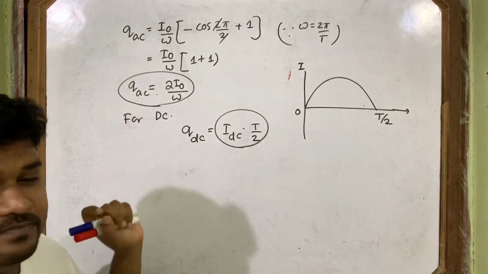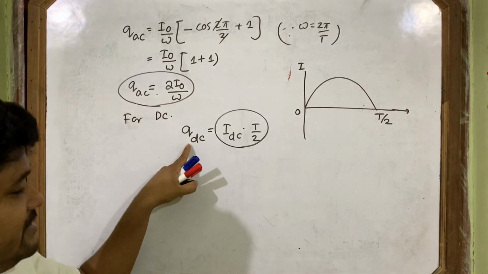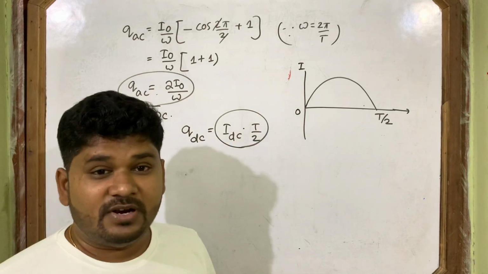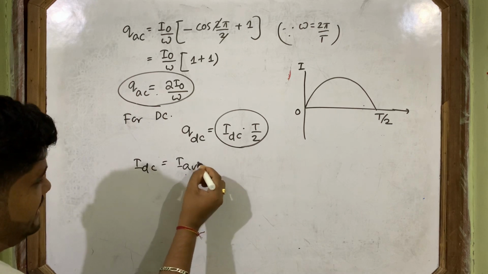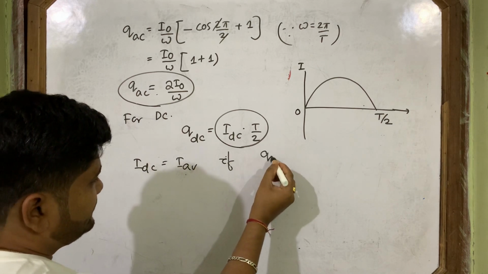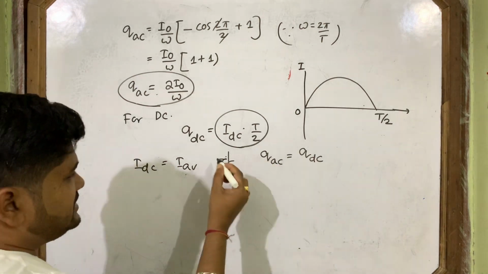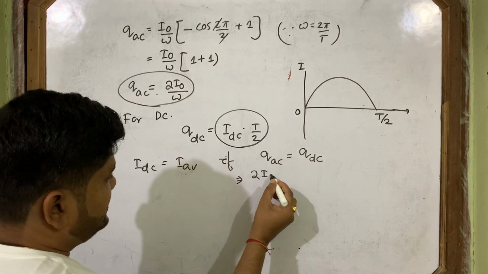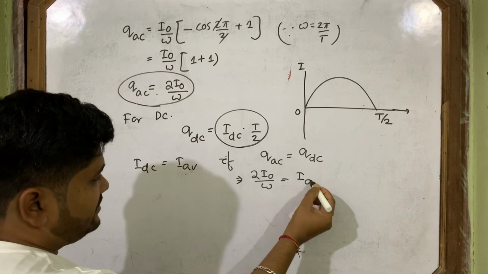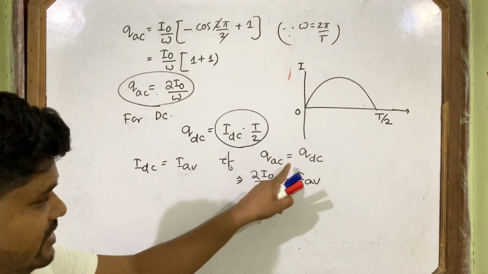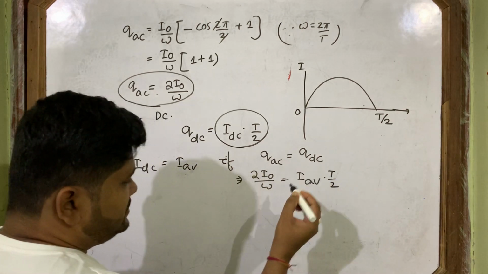We have already taken T by 2 time as the same. So I DC is equal to I average if Q AC is equal to Q DC. So Q AC is 2 I naught by omega, and Q DC is I DC, which I can write as I average, into T by 2.